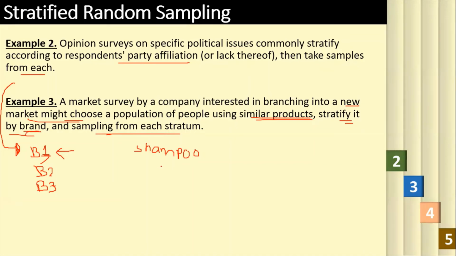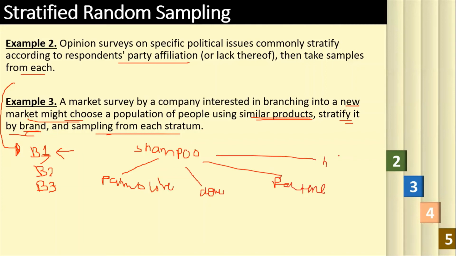So, for example, mangutana sila kung kinsa gagamit og Palmolive or Dove, Pantene, Head and Shoulders, and so on.